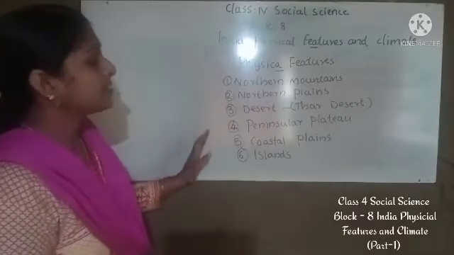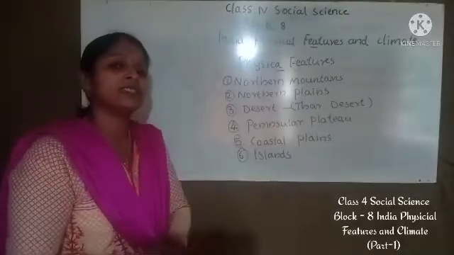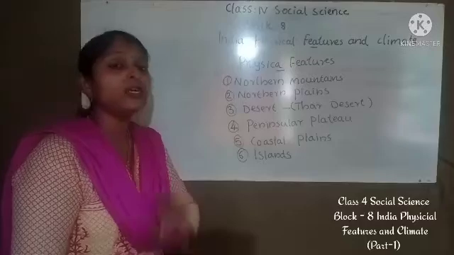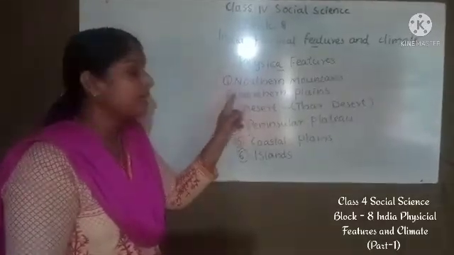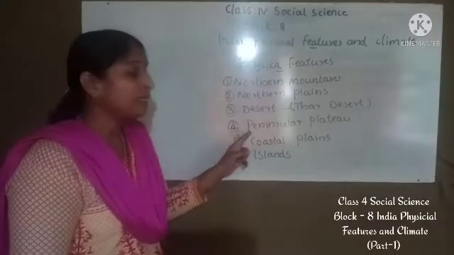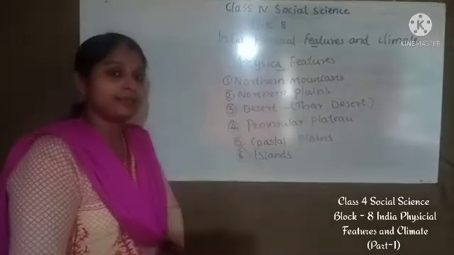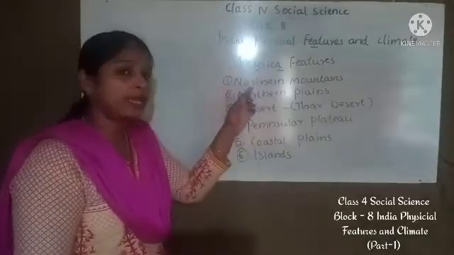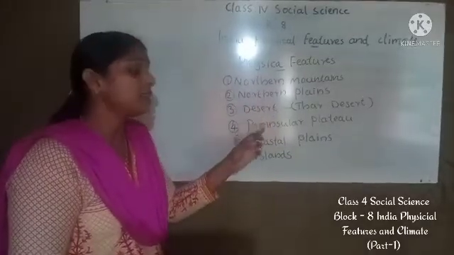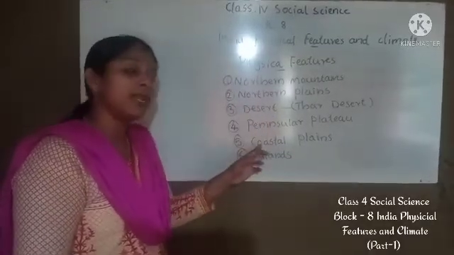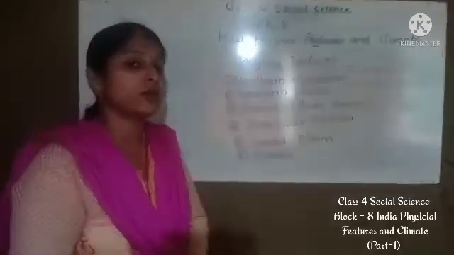These are the 6 divisions of physical features: northern mountains, northern plains, Thar desert, peninsular plateau, coastal plains and islands. These are the physical divisions of India.